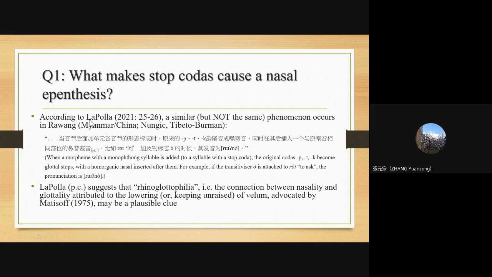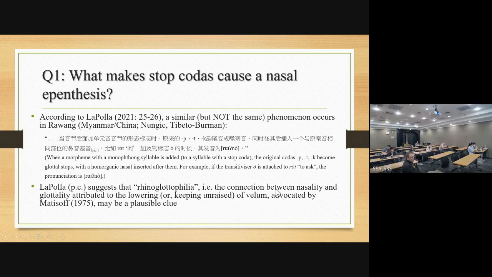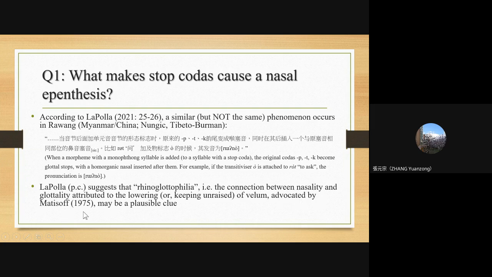According to LaPolla 2021, when a morpheme with a monophthong syllable is added, the original codas ba, da, ga become glottal stops, and a homorganic nasal initial is inserted. And LaPolla suggests that rhinoglottophilia, which is a connection between nasality and glottality attributed to the lowering or keeping unraised of the velum, and which was advocated by Matisoff in 1975, may be a plausible clue for it.